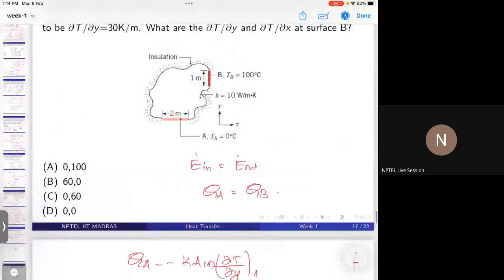You know the heat flux, or the heat transfer, should always be normal to the isothermal surface. That is the main concept here.